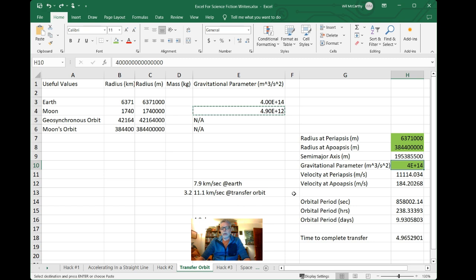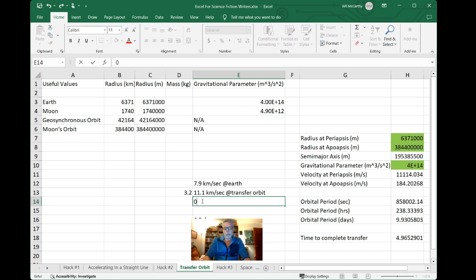All right, so we're back at Earth now. Velocity at apoapsis, this is important. 184, so 0.1, 0.2-ish kilometers per second at top of transfer orbit.